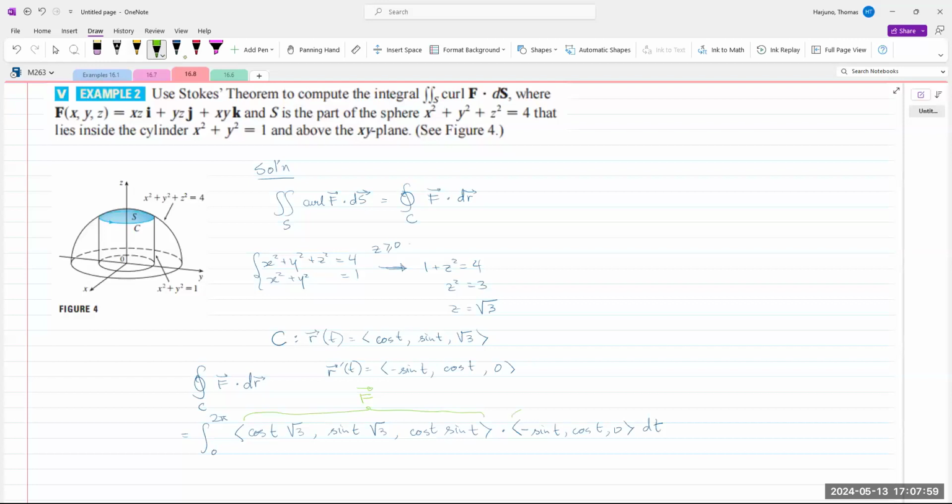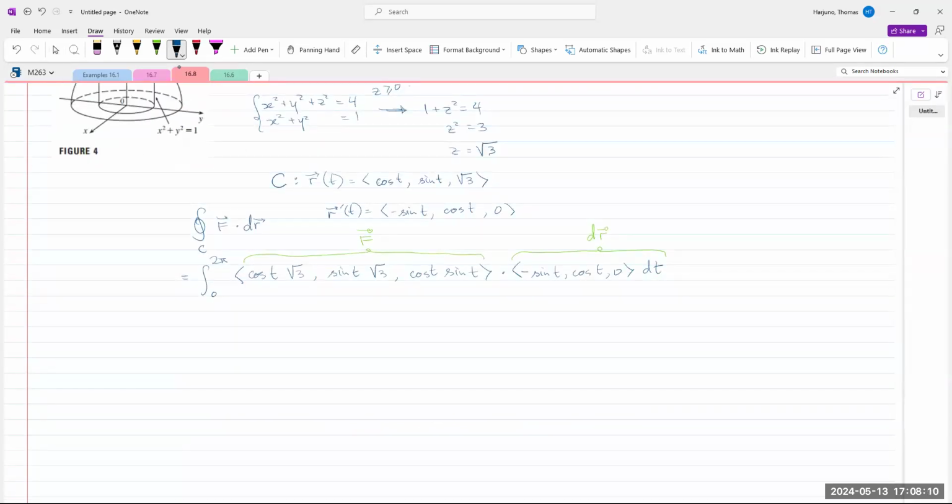This is r prime t dt, which is dr. This equals the integral from 0 to 2 pi of negative radical 3 sine t cosine t plus radical 3 sine t cosine t plus 0 dt. It gives us the integral from 0 to 2 pi of 0 dt, which is 0.